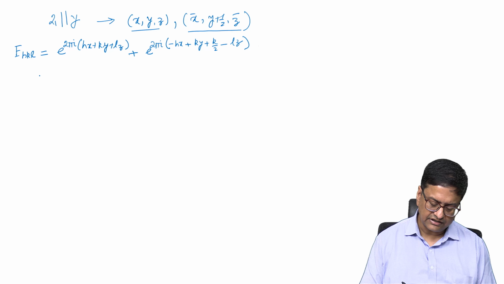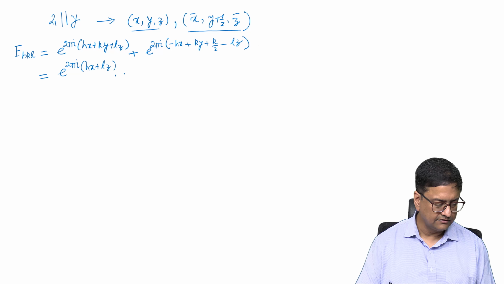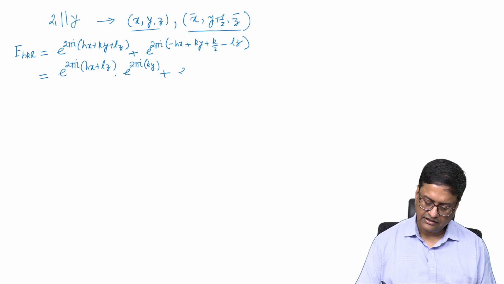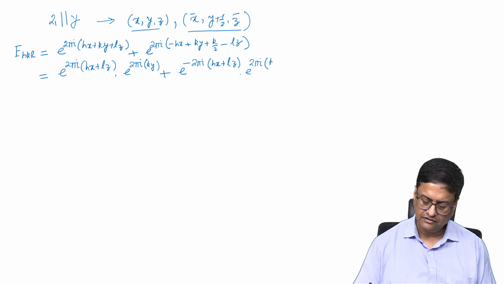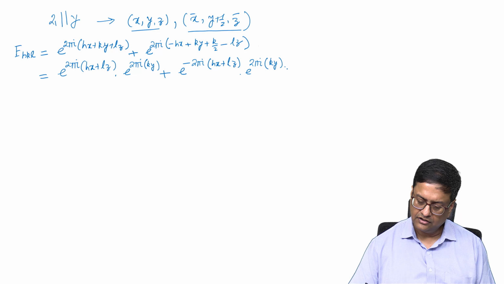So, now again I am trying to separate these exponential terms: e to the power 2 pi i (Hx plus Lz) into e to the power 2 pi i Ky, plus e to the power minus 2 pi i (Hx plus Lz) into e to the power 2 pi i Ky into e to the power 2 pi i K by 2.